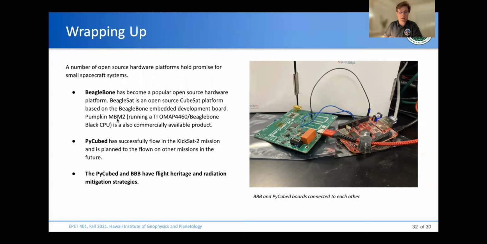The Pumpkin MBM2 is also using the same processor for space. This is actually a commercially available product. And the PyCube has successfully flown on the KickSat-2 mission and is planned to fly in future missions as well. Both these boards have flight heritage and radiation mitigation strategies, so we're in good hands in terms of continuing our development.